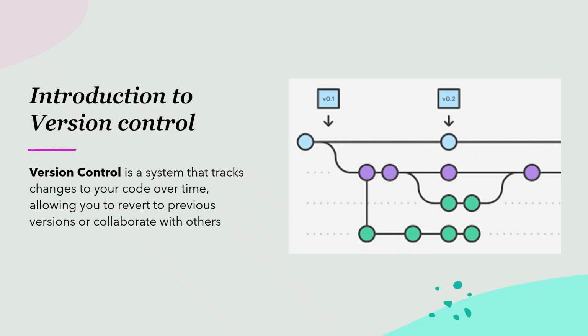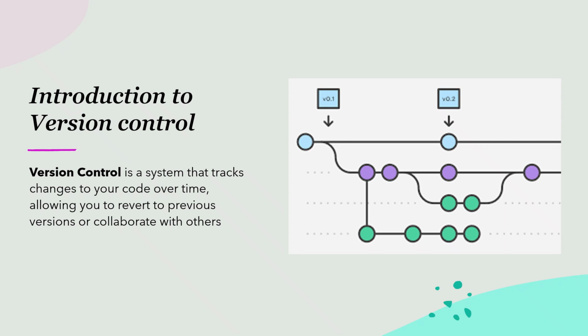So to get started, what is Git? Simply, Git is a part of the version control systems that we have in place. First things first, a version control system is basically a system that tracks changes to your code over time.